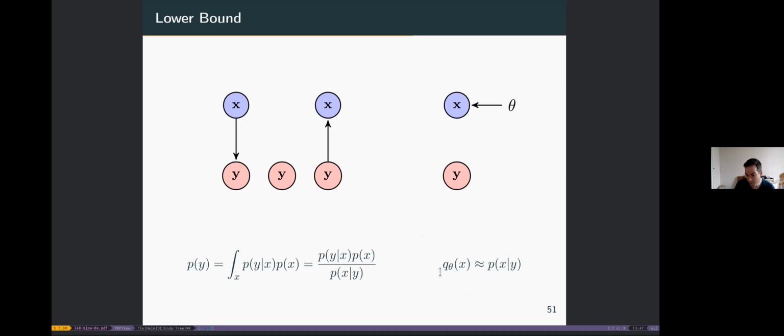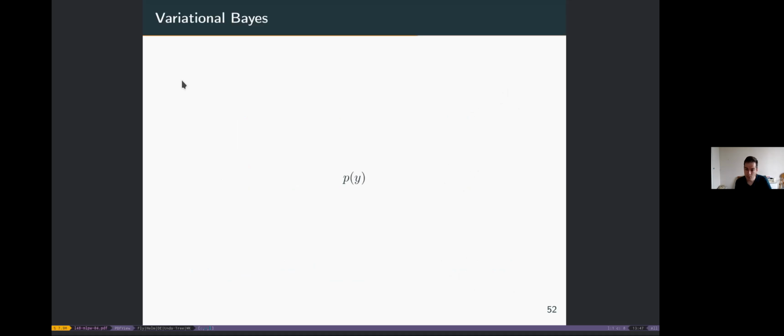We're going to try and find this so that it matches the posterior. Because this distribution does not contain y, this variable theta needs to represent all the information about x that y contains. So that's the idea.